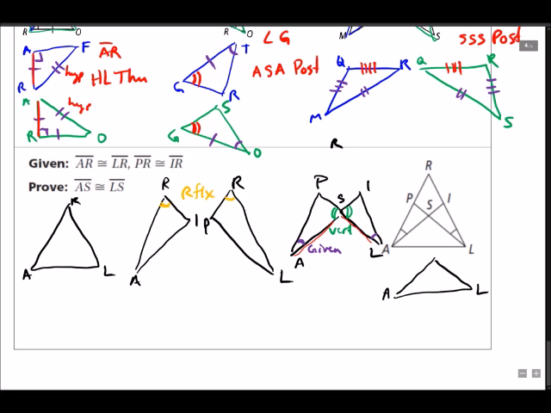ALS, which also contains these pieces that we want. So that might be useful. And that has a common side here and here.